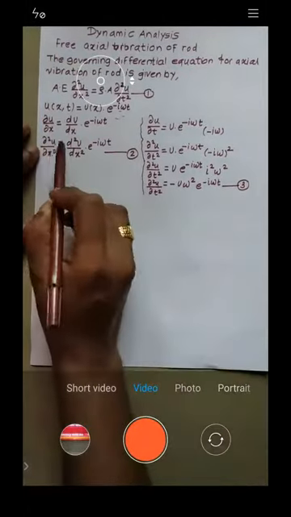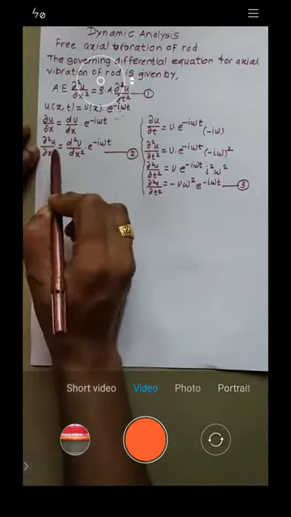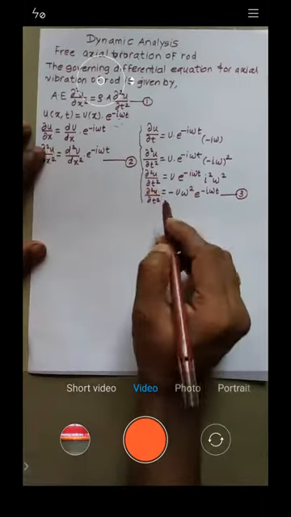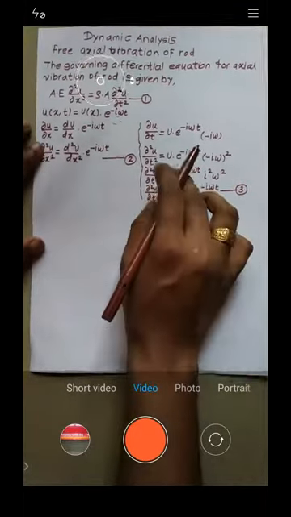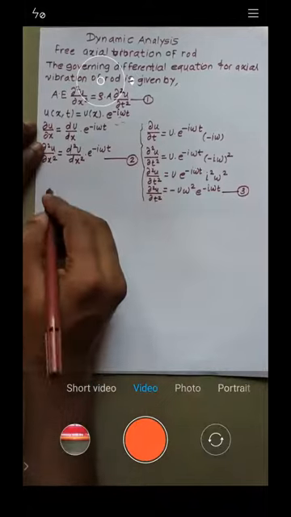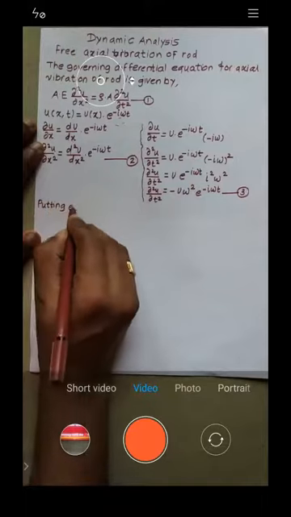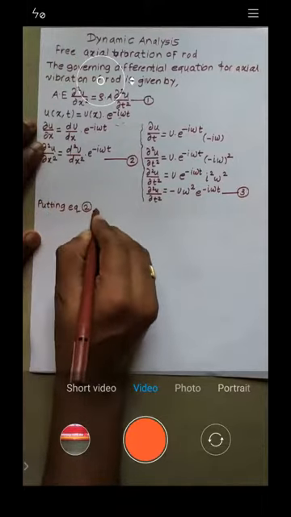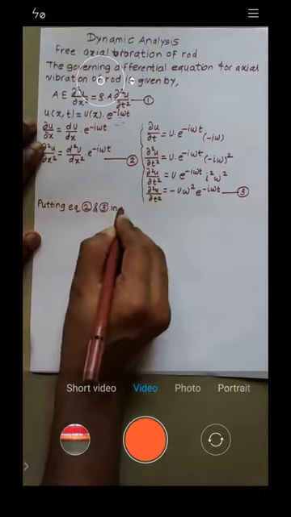That means we got the value of ∂²u/∂x² and the value of ∂²u/∂t². Now we need to put these values, putting equations 2 and 3 in equation 1.